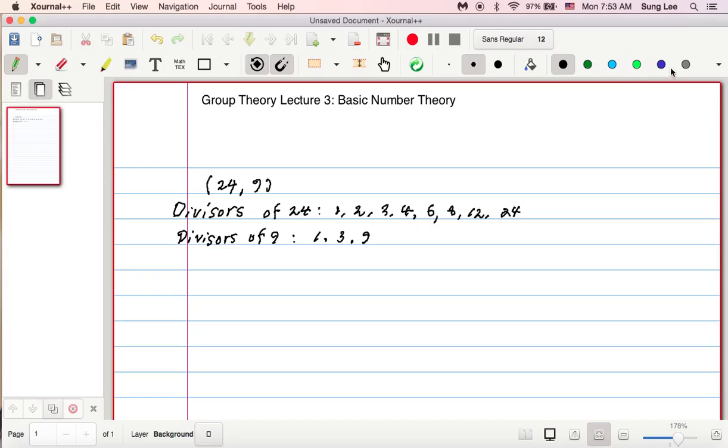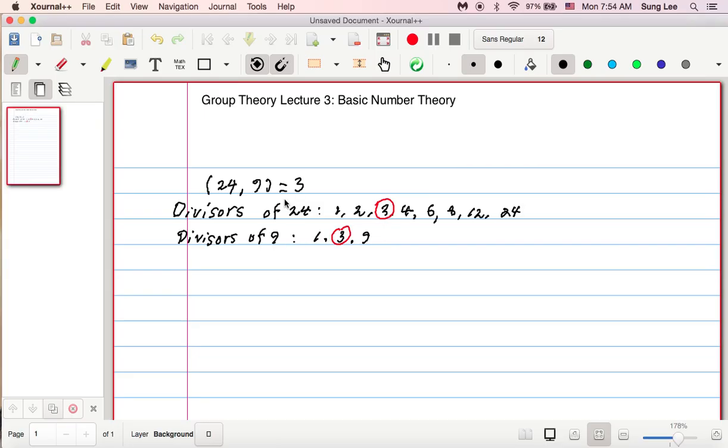Now that we have selected the common divisors, well, in this case we have only one common divisor, which is 3. So that is going to be our greatest common divisor. It's going to be 3. Okay, so that's easy.